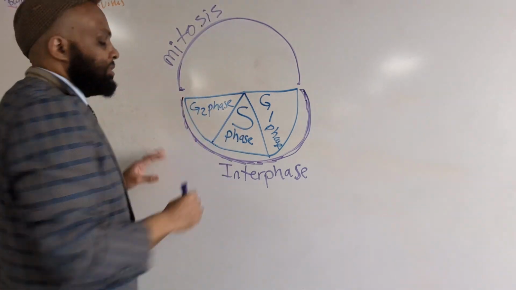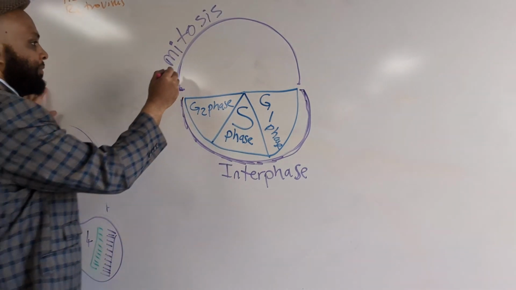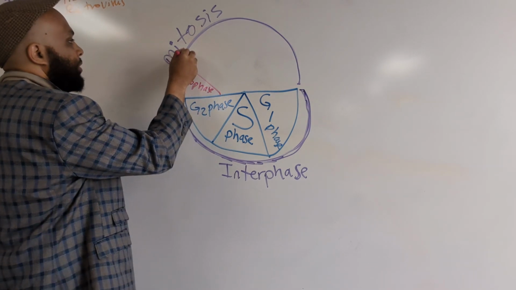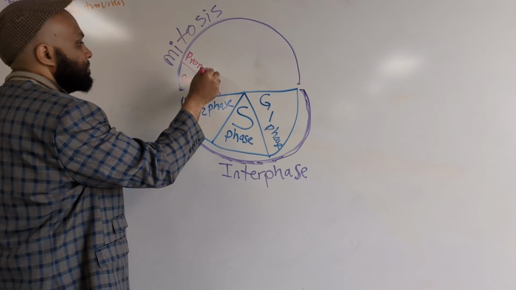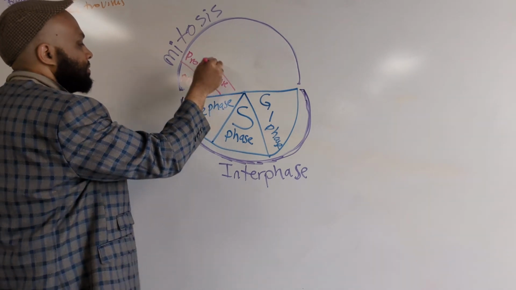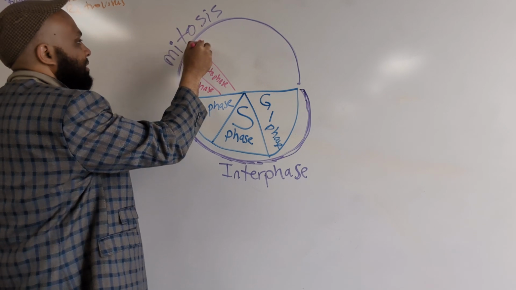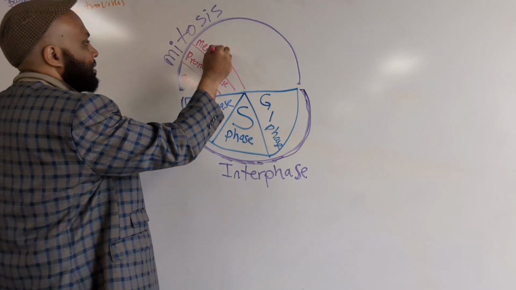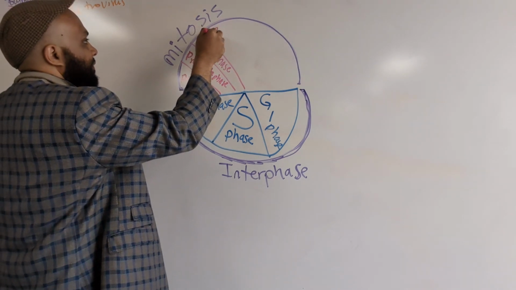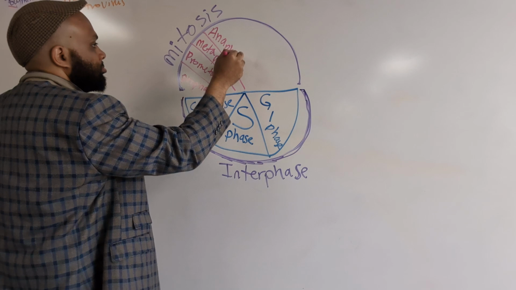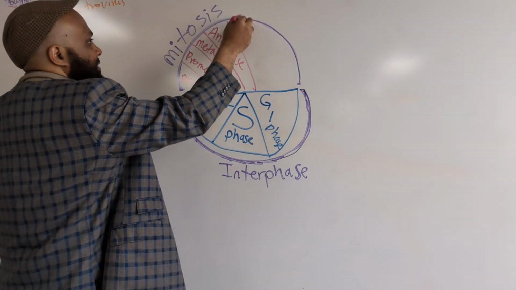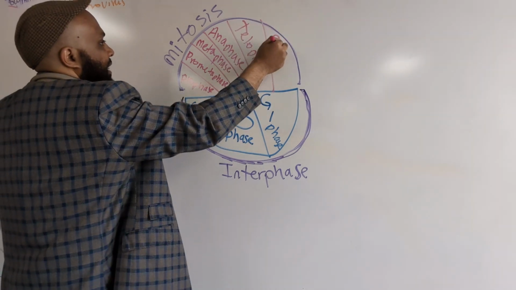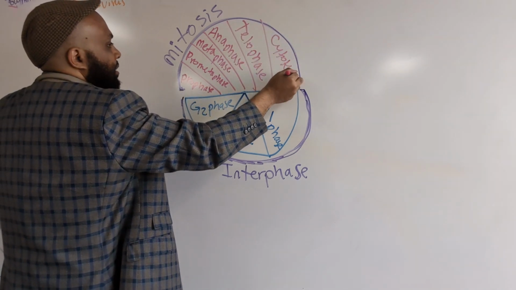Mitosis. And mitosis is divided into prophase, prometaphase, metaphase, anaphase, telophase, and cytokinesis.